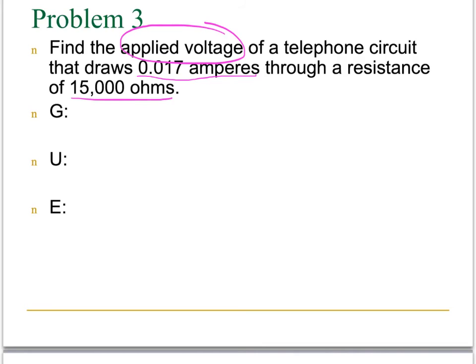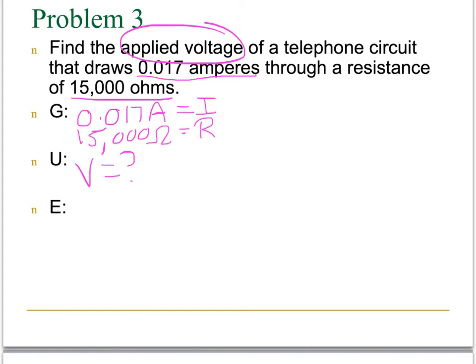So, our given information, we have 0.017 amps, which is our current, which is I, and 15,000 ohms, which is our resistance. Our unknown in this case is voltage, so V equals a question mark. The equation that we're going to use is V equals IR.